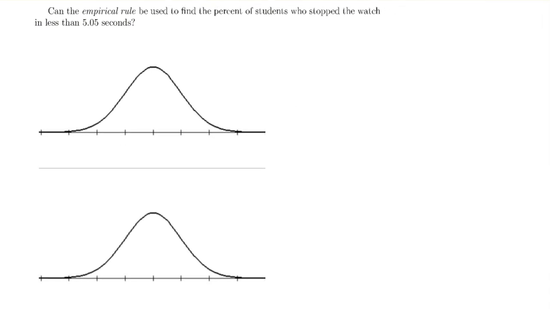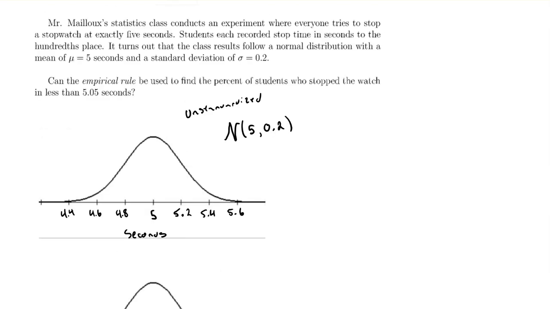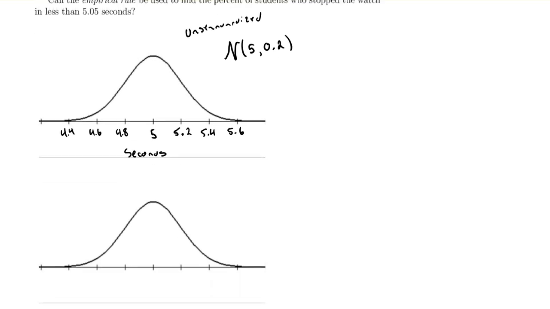Now, there's going to be two pictures we have in this approach. You're going to have our unstandardized picture. These were the same types of pictures I drew in my last lesson. And we're going to have our standardized picture. The standardized picture is just what happens if we were to run all our data through the formula for a z-score.